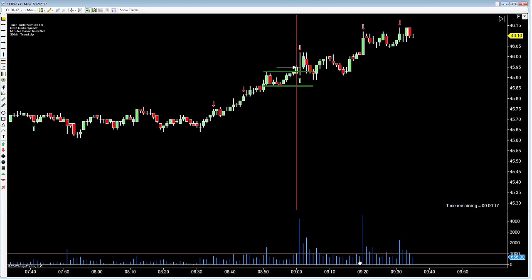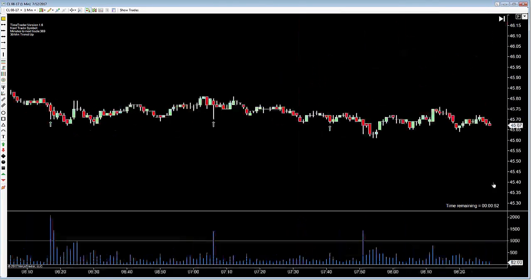Like right here at 919, it may not throw the signal out if it was under 200. If I set it at 1,000, then anything under 1,000, it wouldn't show any signals. So what I want it to do is I don't want to see these arrows up all the time, so I'll adjust the minimum amount of volume. Then you have a volume spike.